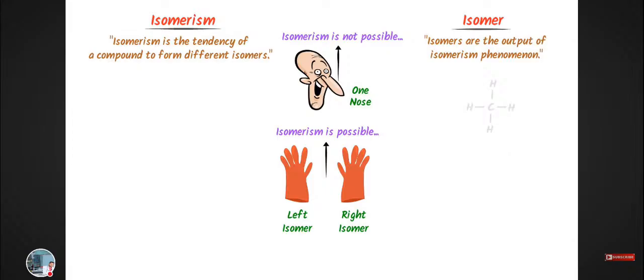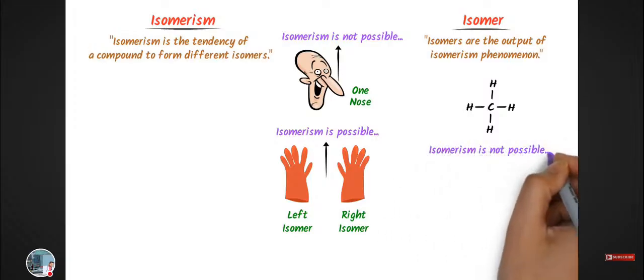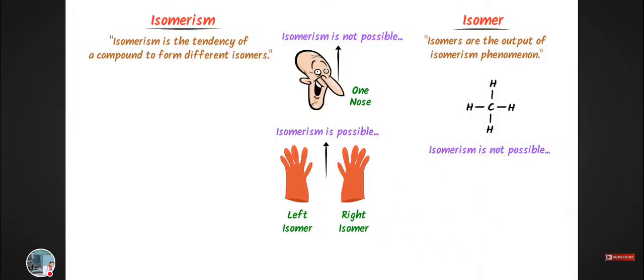For example, consider CH4. We say that isomerism is not possible in CH4, so it has no isomer. Thus remember that isomerism is the phenomenon or tendency of a compound to form different compounds having different structures, while isomers are the output of the isomerism.